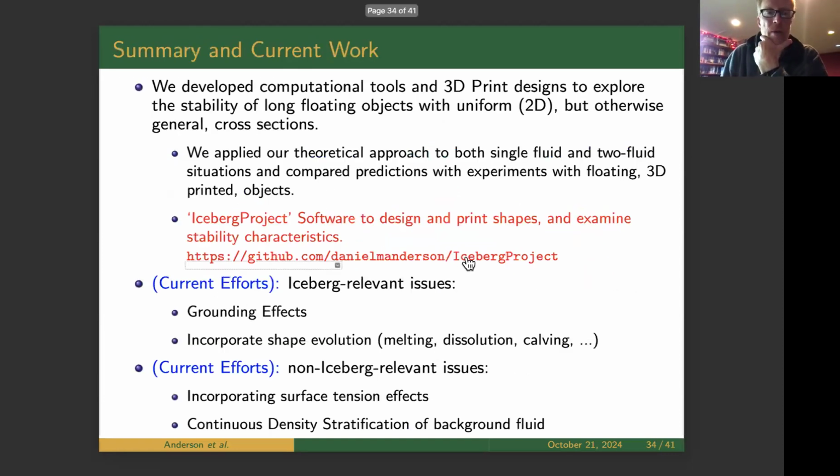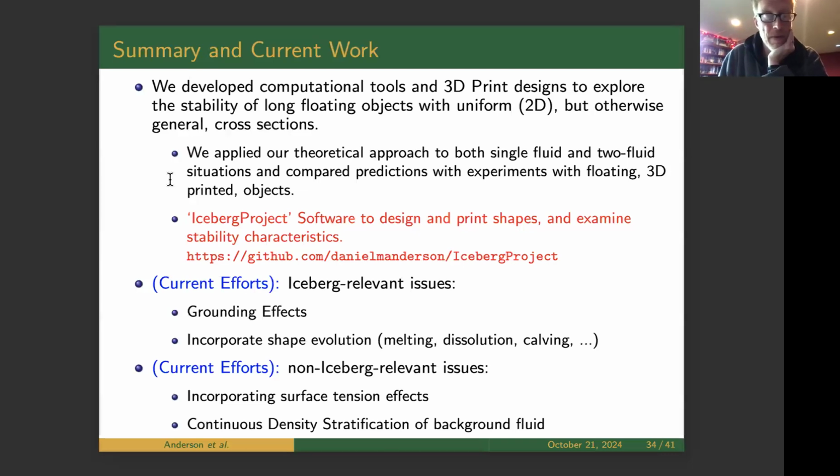So let me do a quick summary and then have time for questions if there are any. So we've developed computational tools for and 3D print designs to explore the stability of long floating objects with 2-dimensional uniform cross-section, but otherwise very general shapes work in this code.